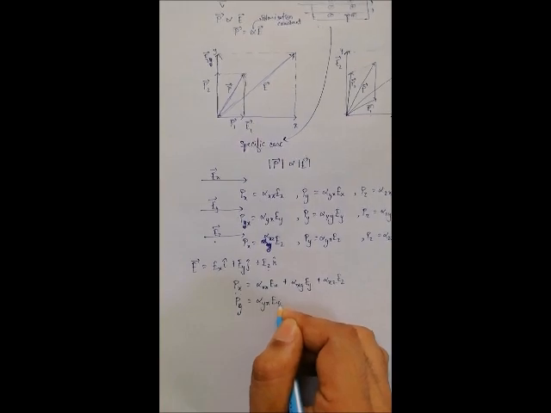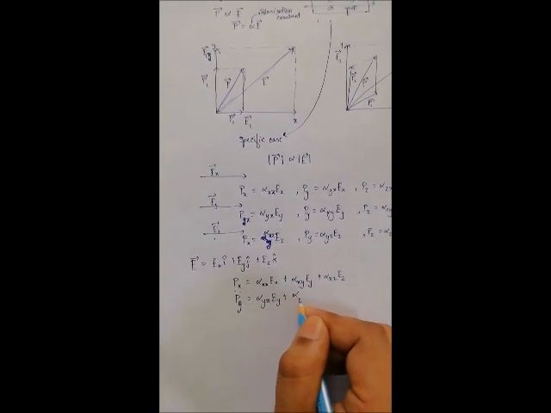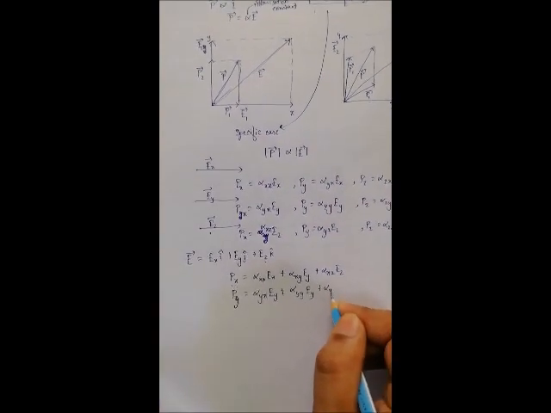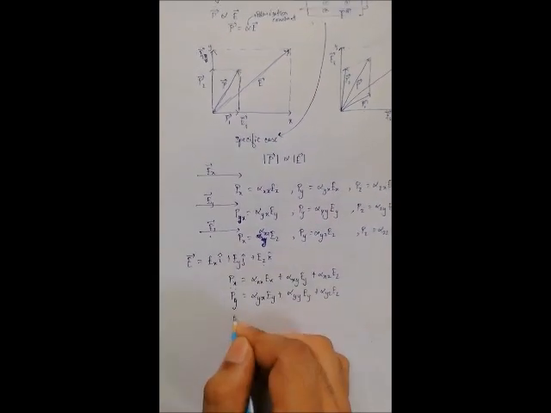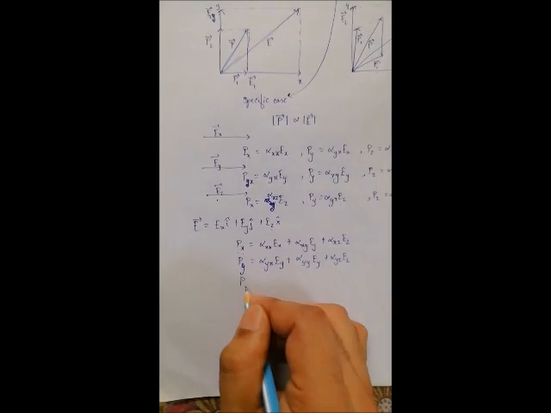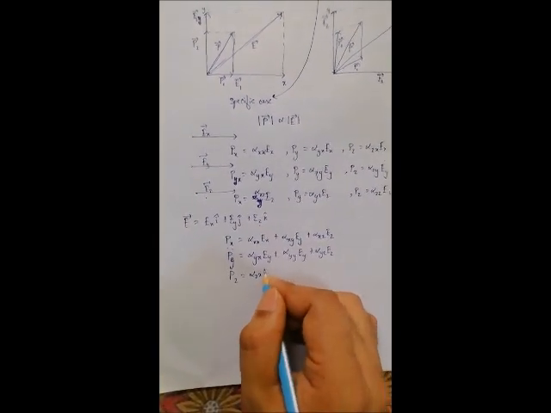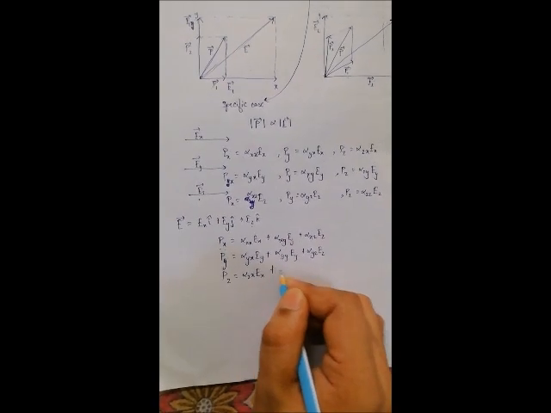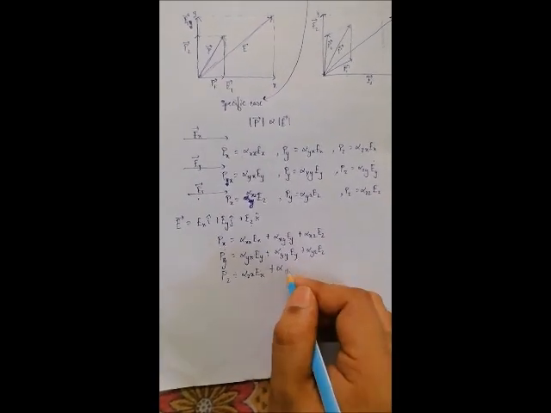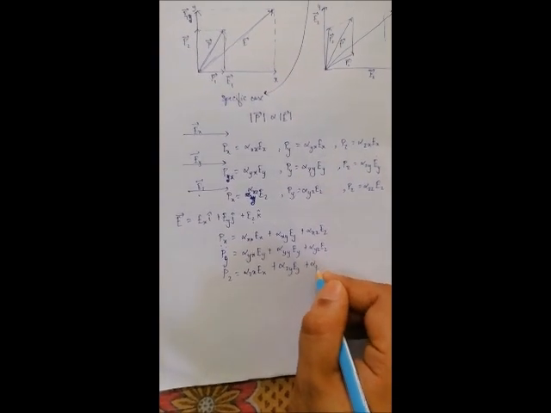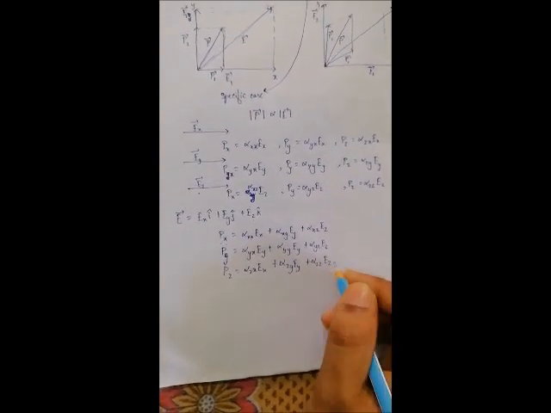Let's take this y: Py equals alpha yx Ex plus alpha yy Ey plus alpha yz Ez, and Pz equals alpha zx Ex plus alpha zy Ey plus alpha zz Ez.